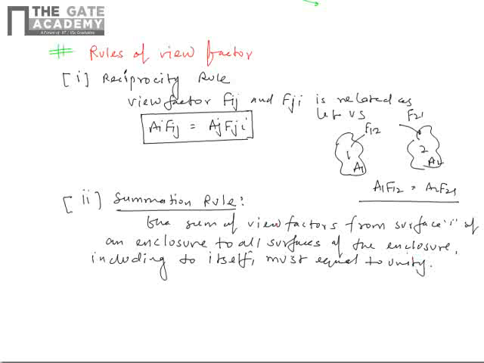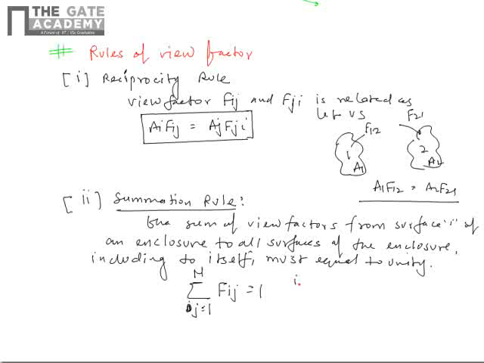This rule is nothing but the conservation of energy. The sum of Fij is equal to 1, when j goes from 1 to n.